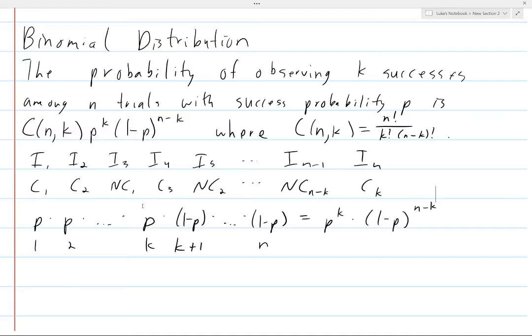And so because we're reordering these things and mixing the successes and the failures in such a way that the orders do not matter, we need to multiply by n choose k. And so that's exactly where the n choose k comes from. And so that's how we get this final formula for the binomial distribution. So if you forget about the formula, this is one way to remember it.